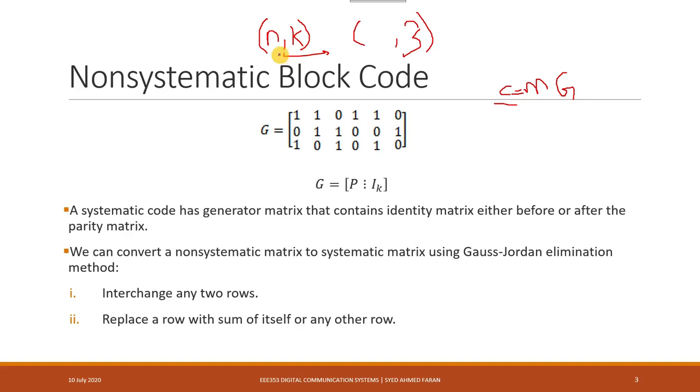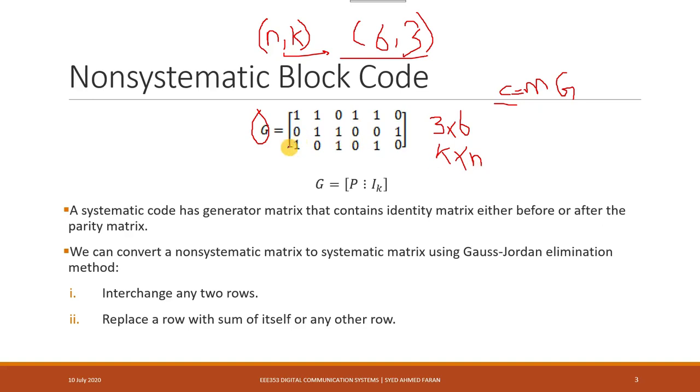What would be the value of n? If you calculate the total number of columns in this matrix, which is 6, then this code is actually a (6,3) code. You can always tell the size of the code just by looking at the generator matrix. A generator matrix is of size 3 cross 6, which is k cross n, so it has k rows and n columns.